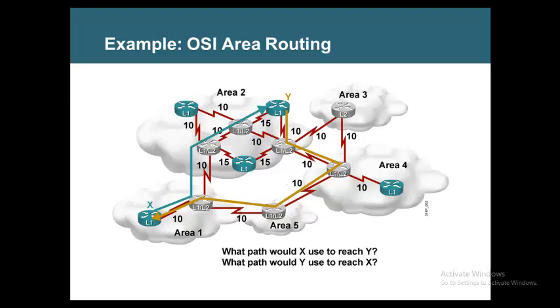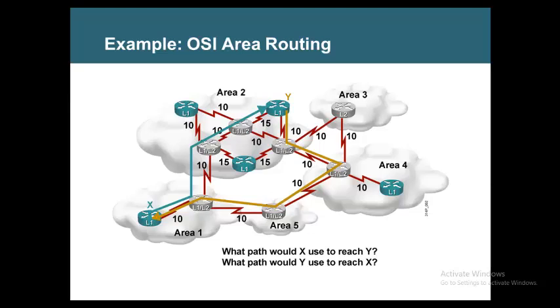What is the default metric on a link? Anyone answer? What is the default metric on a link? 10. But here in this example, they have configured different metrics. See, for some links they put 15. Those are modified, not default.